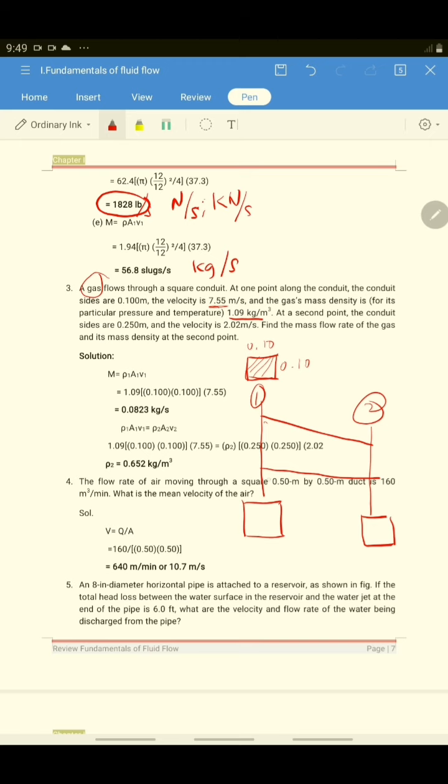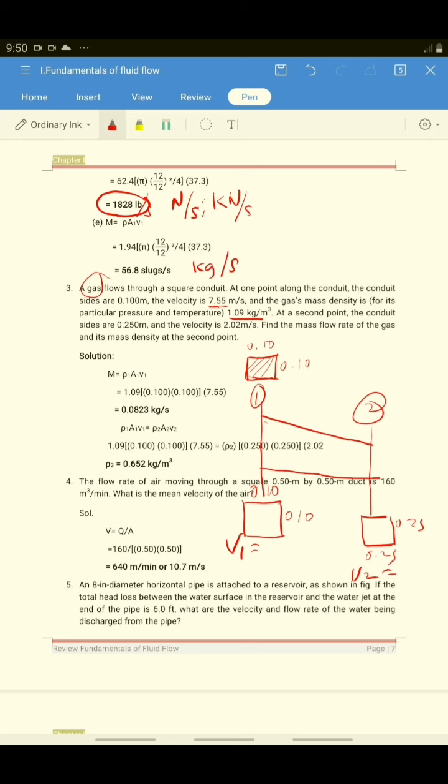This is 0.1, and this is 0.25, and you have 0.25. Is that correct? Then the velocity V1 is also given, and the velocity of section 2 is also given.